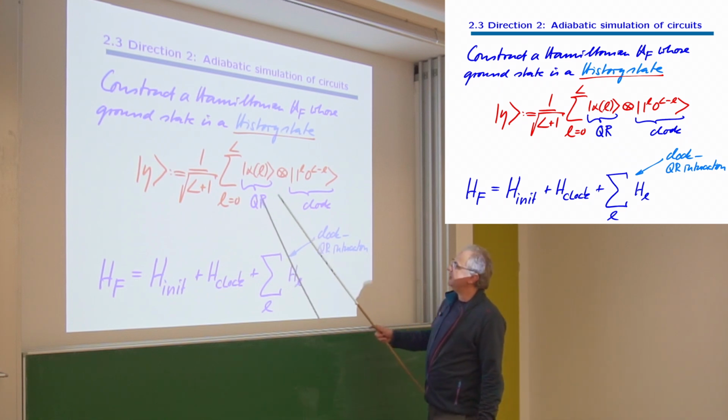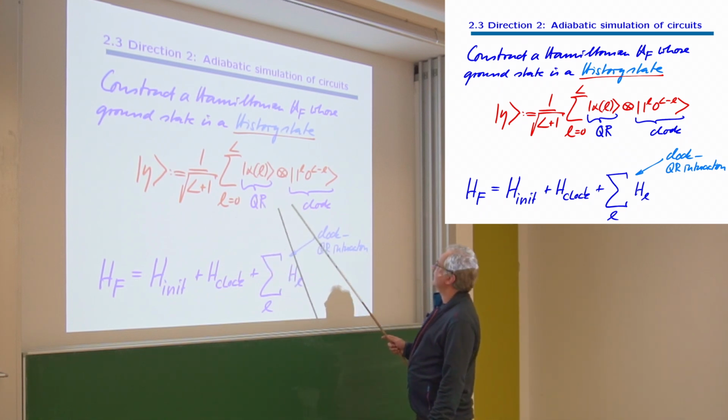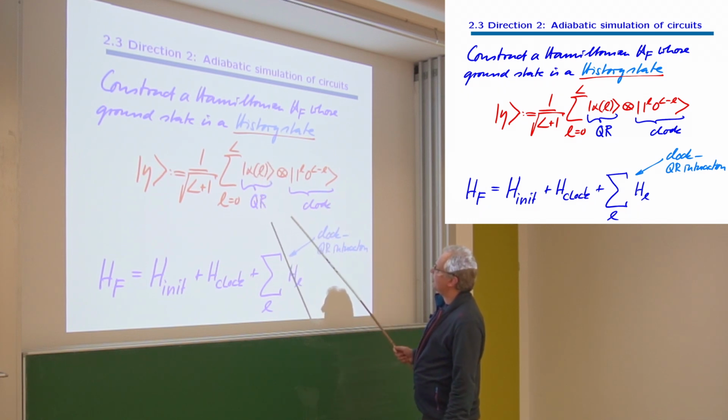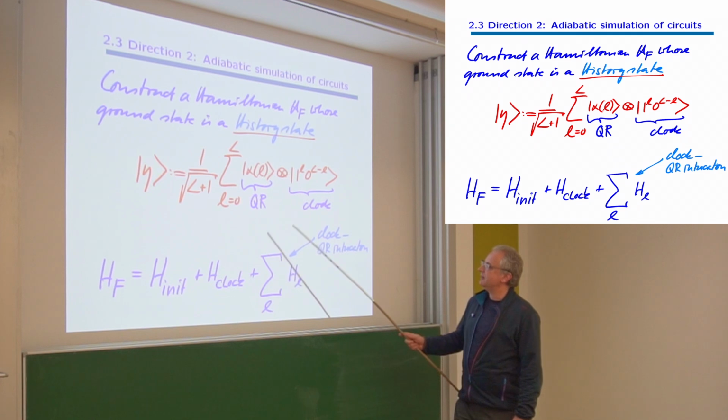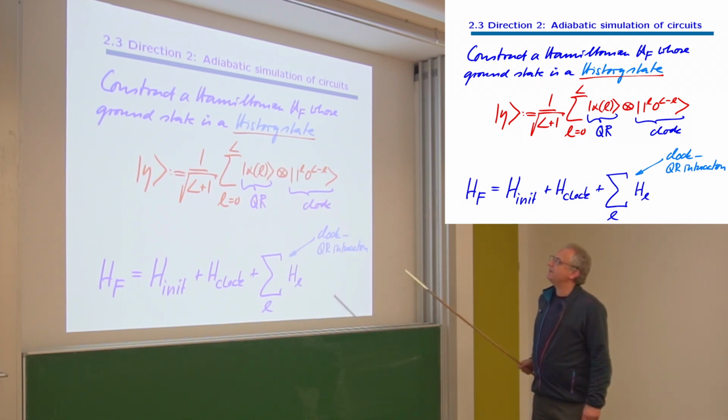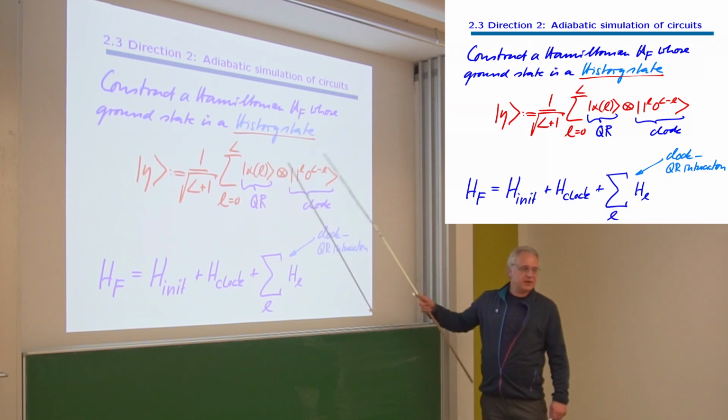And so now you have the equally weighted superposition of clock at time L and state of the quantum register at time L, and that's summed over all times. So that is what the Hamiltonian will prepare for you.